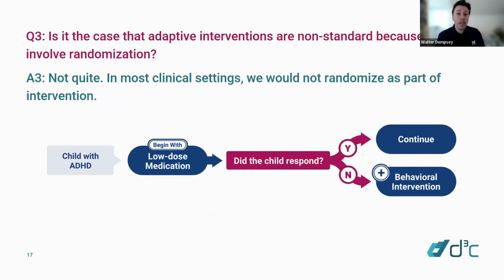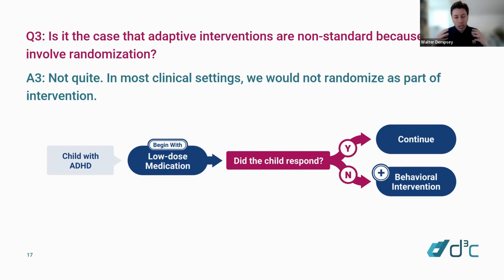The other question that I often get asked is, is it the case that adaptive interventions are non-standard because they involve randomization? And I think what this question often revolves around is, and this is what we're going to talk about next, SMART trials, which involve sequentially randomizing individuals to treatment.